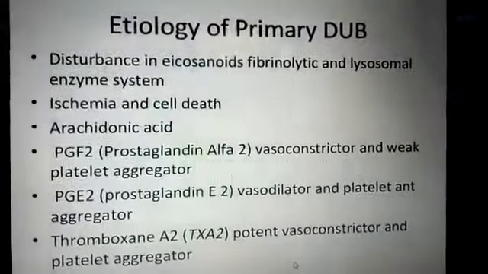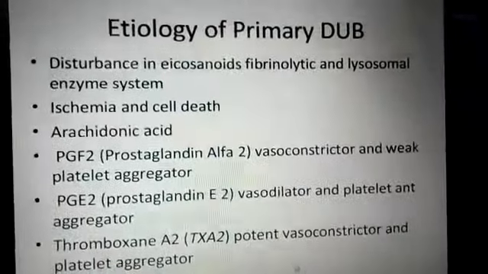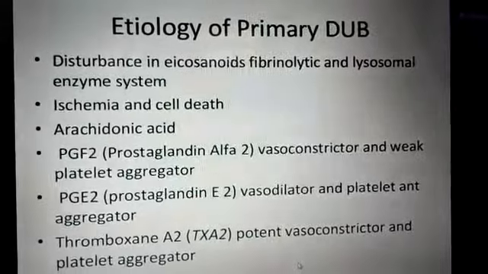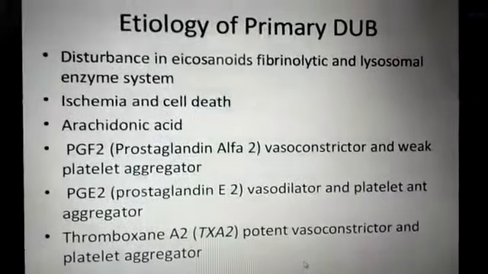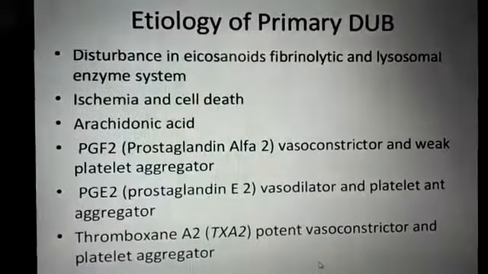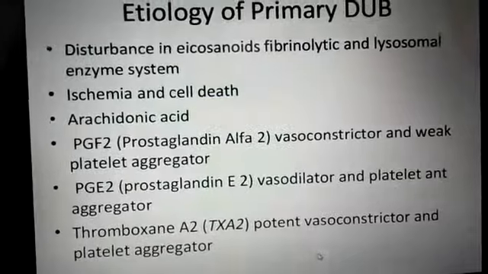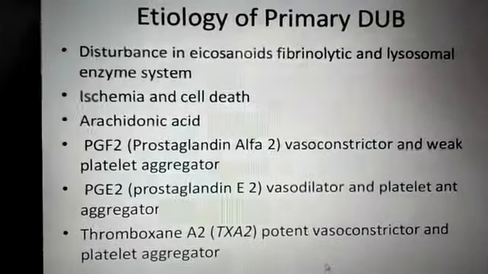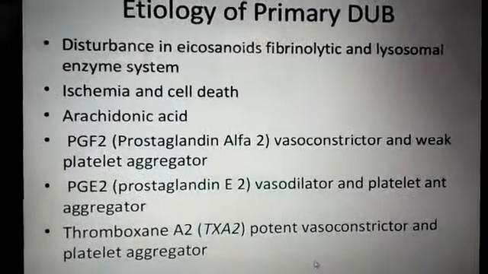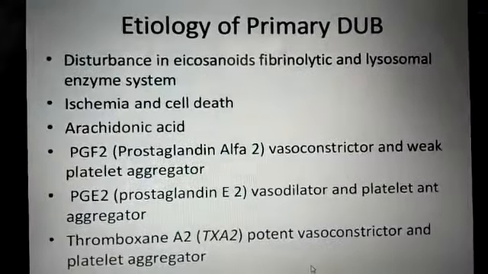It is divided into two parts: the cause for primary DUB and the cause for secondary DUB. So what is the cause for primary DUB? It is a disturbance in eicosanoids, fibrinolytic and lysosomal enzymes. Enzymes are responsible for this system. Then ischemia and cell death.